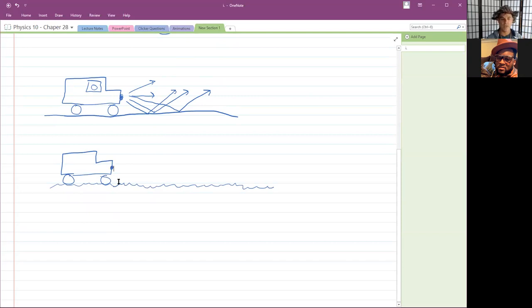So your headlights are emitting all this light, but because the road is bumpy, some of that light can actually reflect back to you. Some reflects forwards, some reflects up, and some of it will reflect back towards the driver.